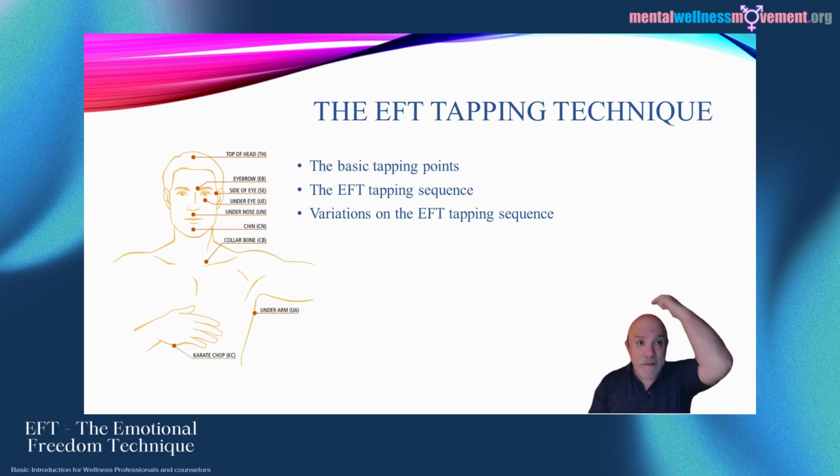Then the top of the head, this issue or emotion is just a feeling. On the top of the brow, we're going to say, I choose to let go of this issue or emotion. Now, you're going to include in your statement, in your practice, actually addressing whatever it is that you're trying to change.